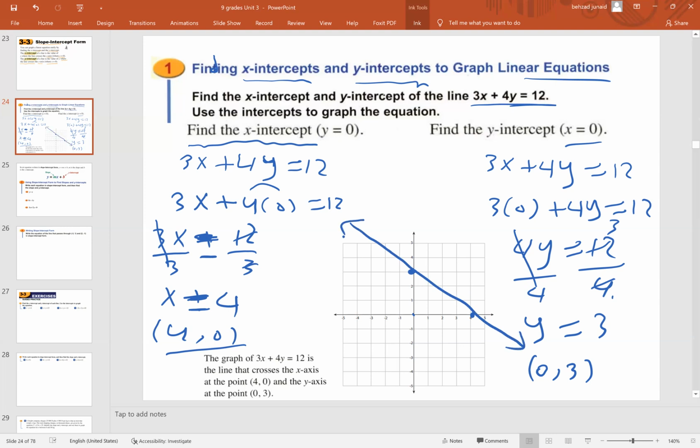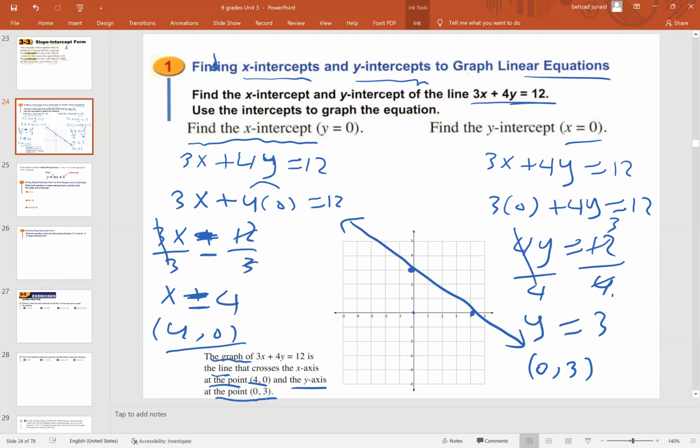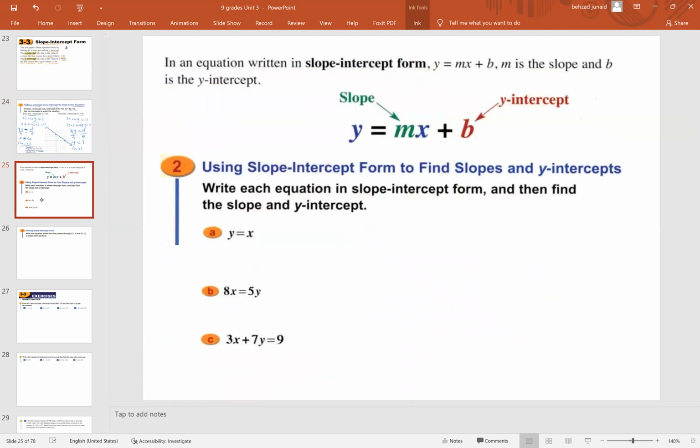And then the graph of 3x plus 4y equals 12 is the line that crosses the x-axis at the point 4, 0 and the y-axis at the point 0, 3. That's all for example 1. Example 2.